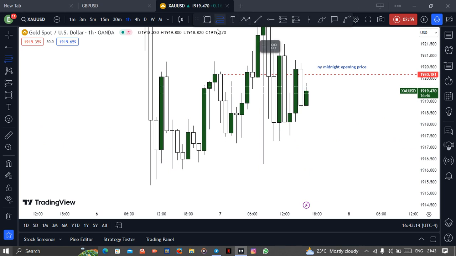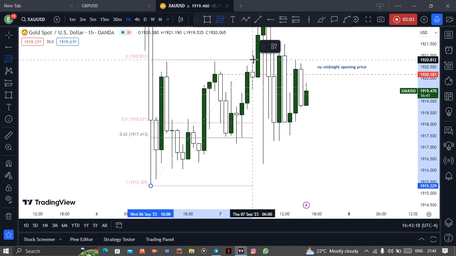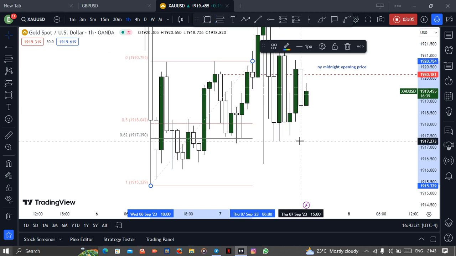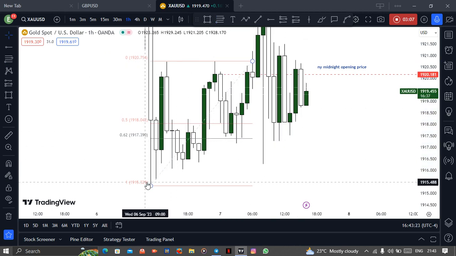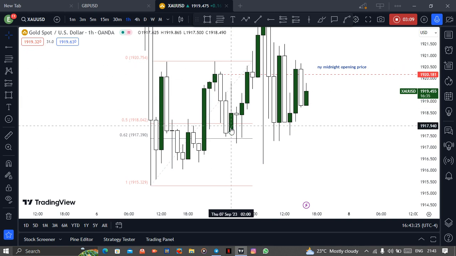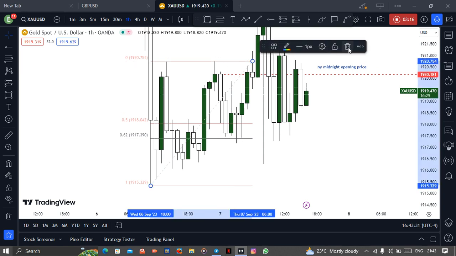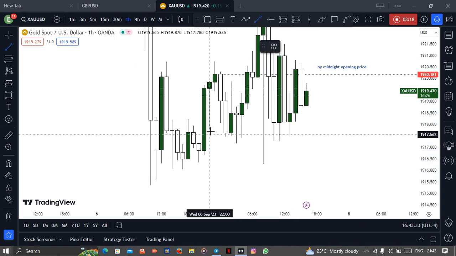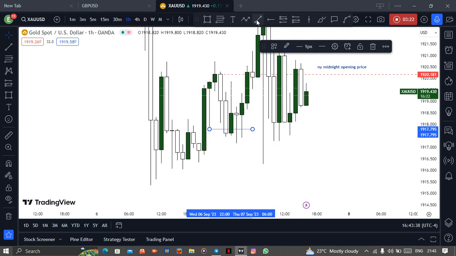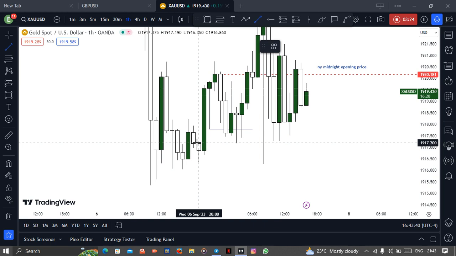Plus, if you take your Fibonacci from this low from the previous day to this high here, we traded to what, 62% retracement level. And if you look at the 62% retracement level, we actually have a fair value gap there at a discount, which we all know is discount.